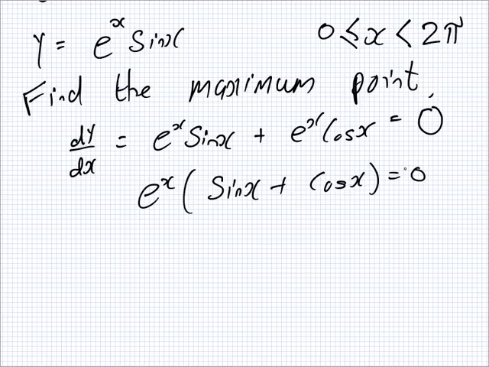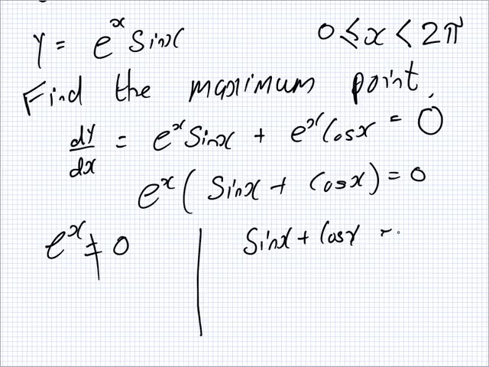Now, can e^x ever be 0? No. So there's no point in considering this possibility. We're only left with one possibility: sin x plus cos x equals 0.